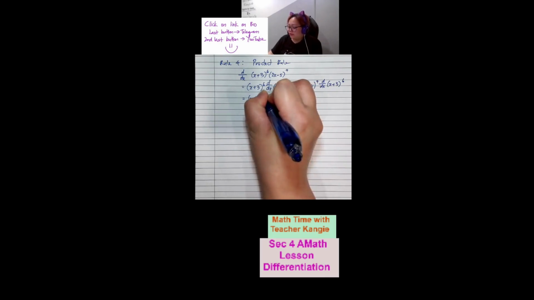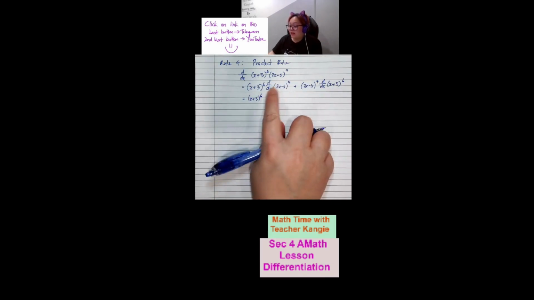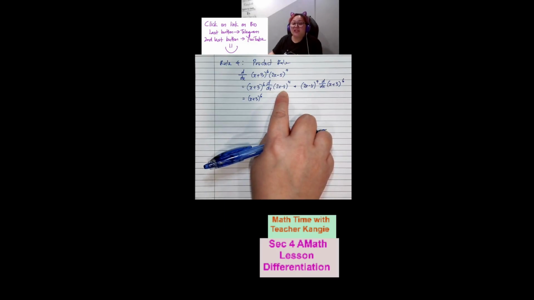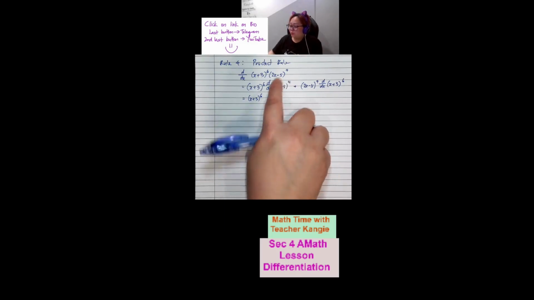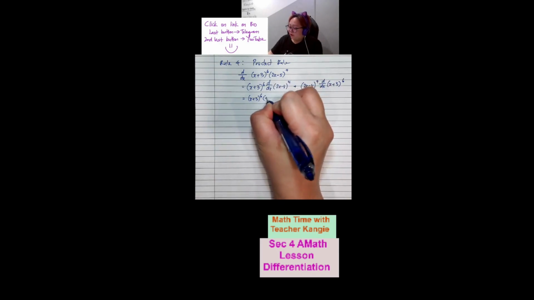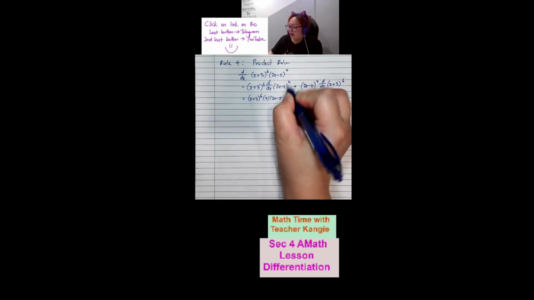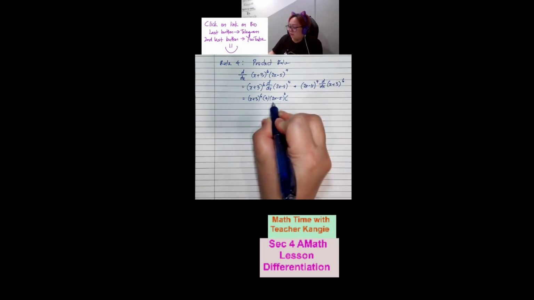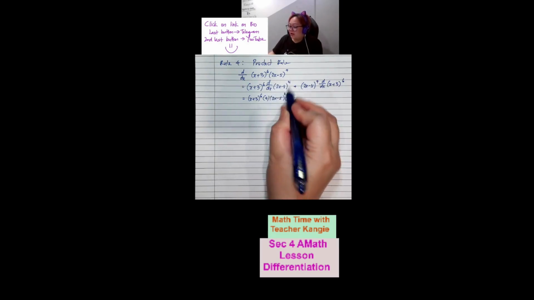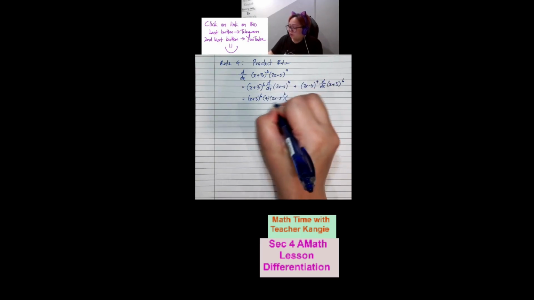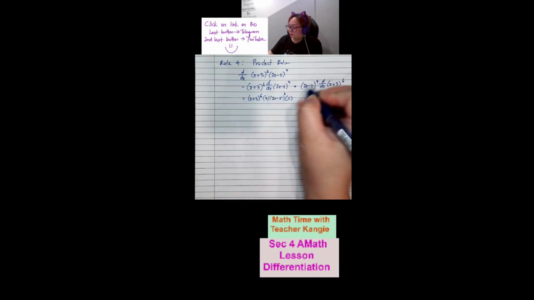Okay, so let me continue. (x plus 3) to the power of 6. So when I differentiate this, I'm applying chain rule. So bring it down, so it will be 4(2x minus 5), power minus 1, which is 3. Remember to multiply by the inside because you are applying chain rule here. So differentiate inside is a 2.